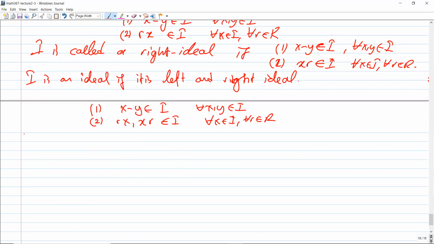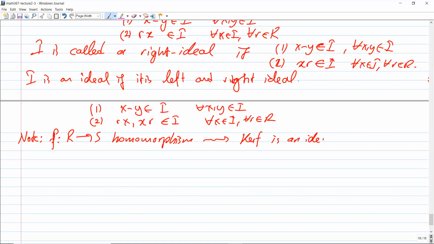So therefore, we showed above that if f is a homomorphism, then the kernel of f is an ideal, as we just showed above. So remember, in group theory, if you have a group homomorphism, its kernel is a normal subgroup. Here, the kernel is an ideal.